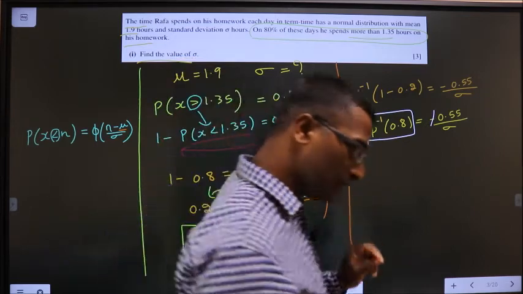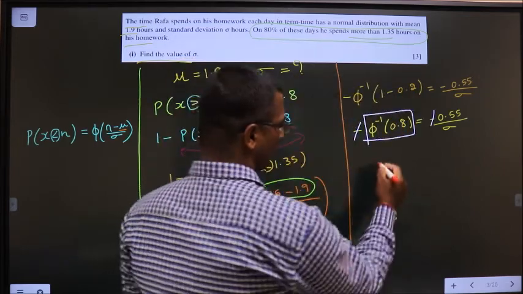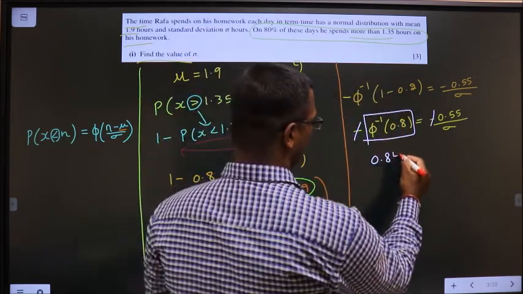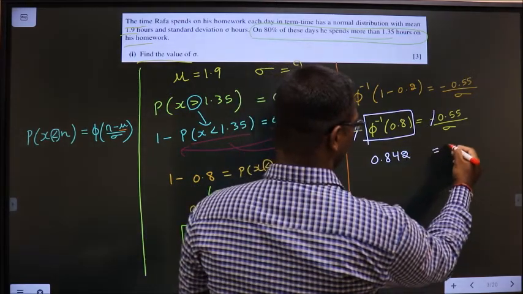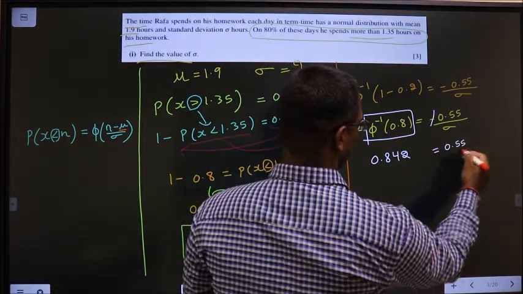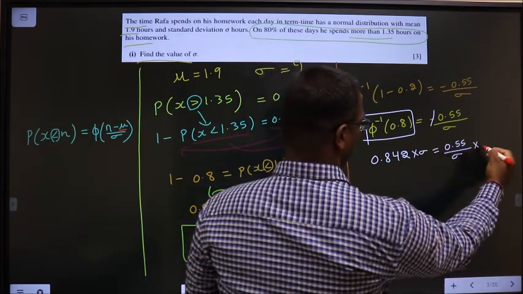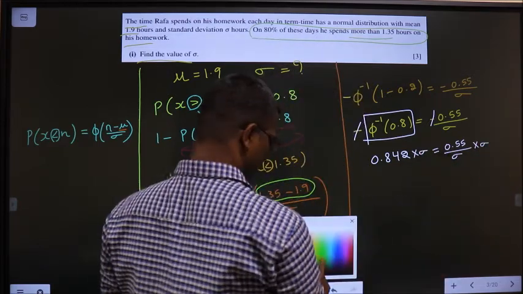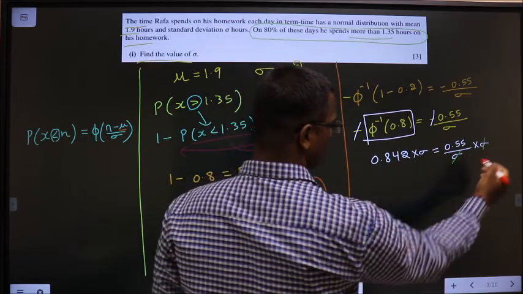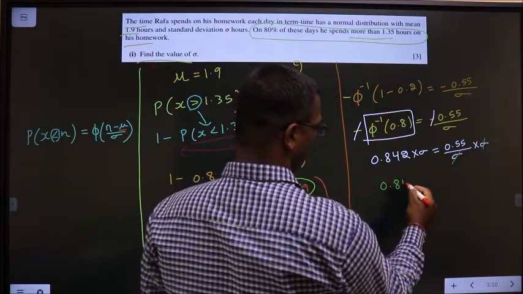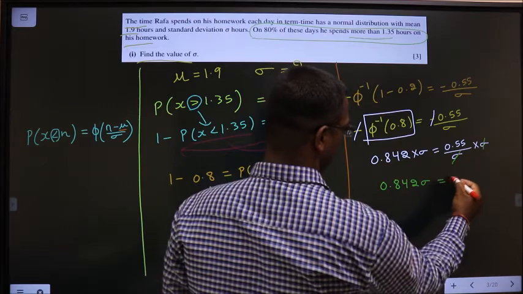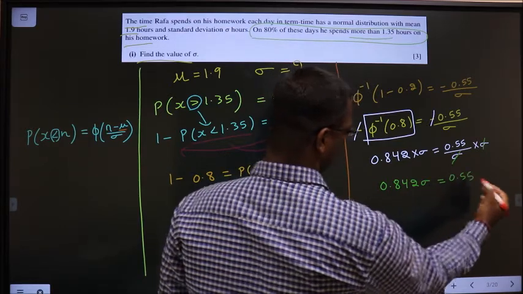Now, this value you should get is 0.842 equal to 0.55 by standard deviation. Now, multiply by standard deviation on both sides. This gets cancelled. You are left with 0.842 standard deviation equal to 0.55.